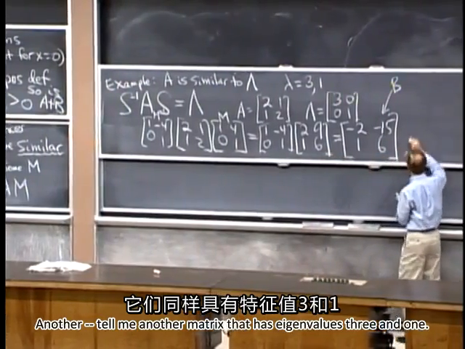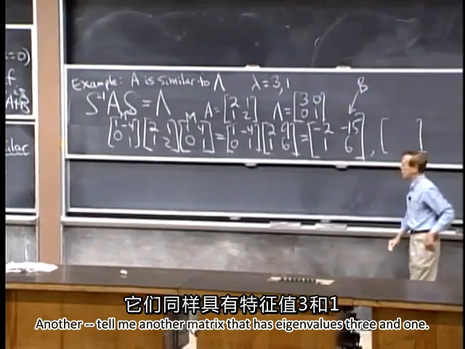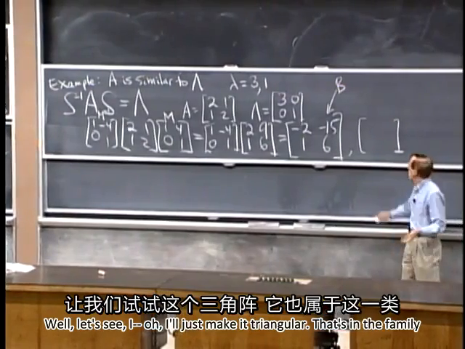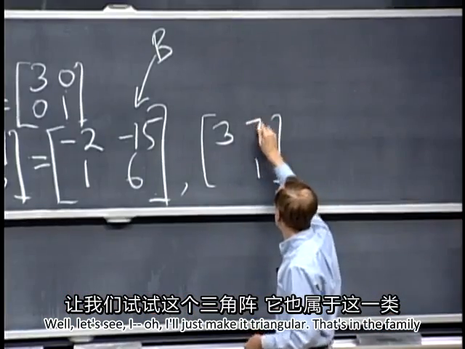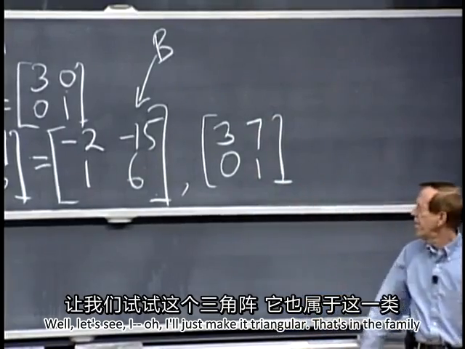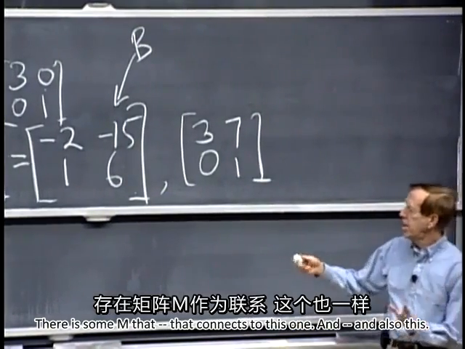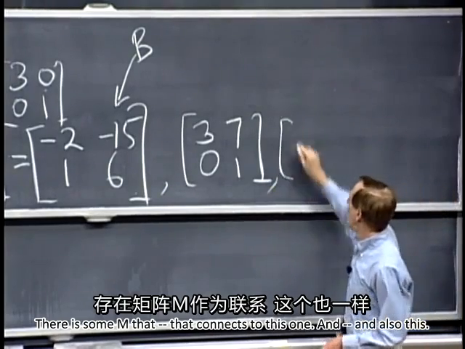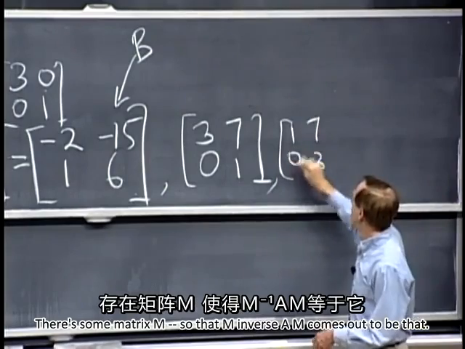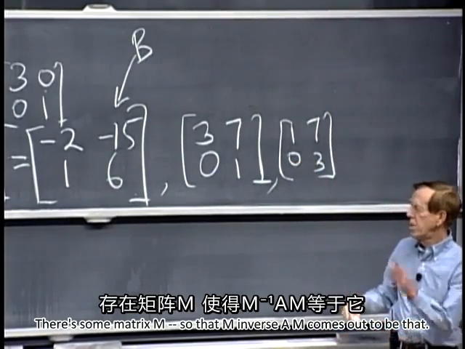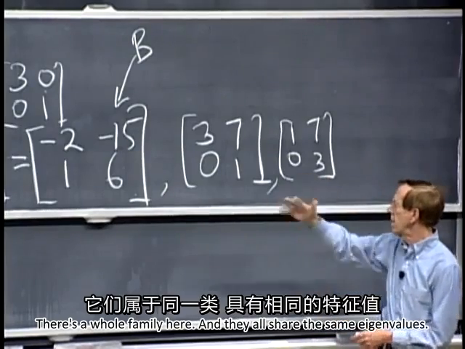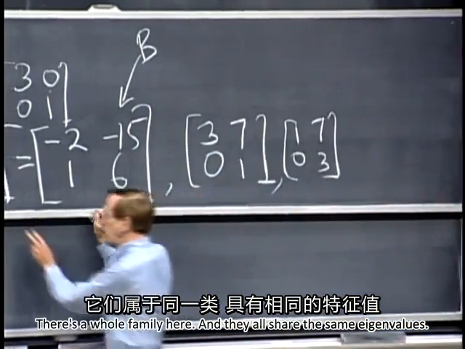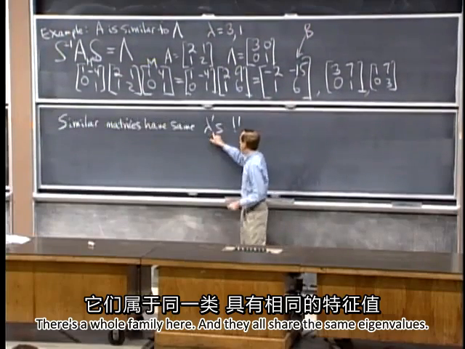Tell me another matrix that has eigenvalues 3 and 1. Well, let's see. I'll just make it triangular. That's in the family. There is some M that connects to this one, and also this. There's some matrix M so that M inverse AM comes out to be that. There's a whole family here, and they all share the same eigenvalues.